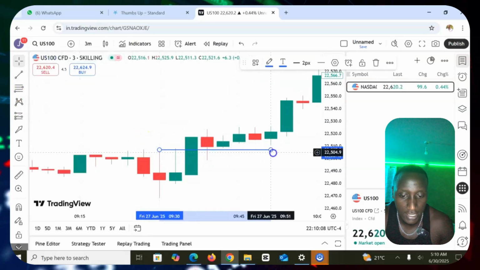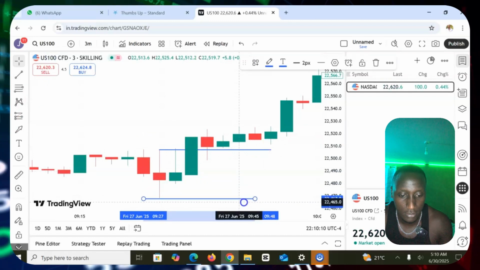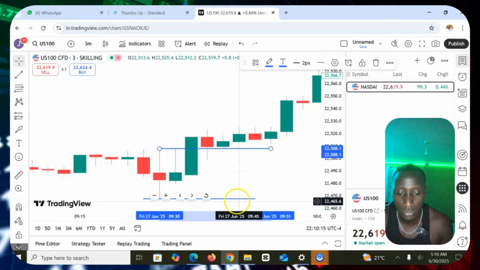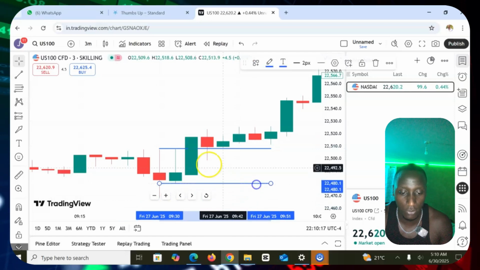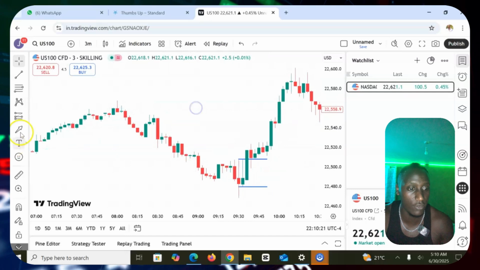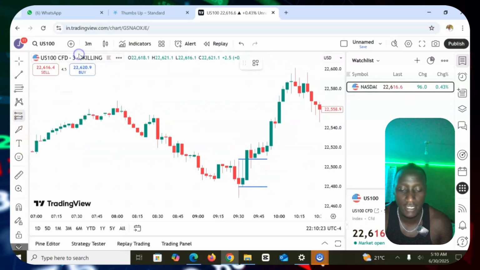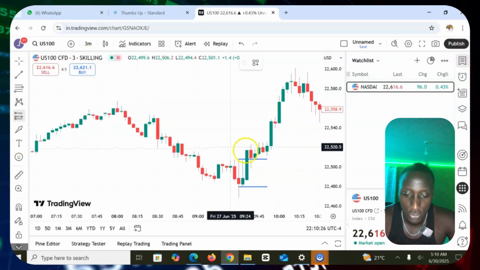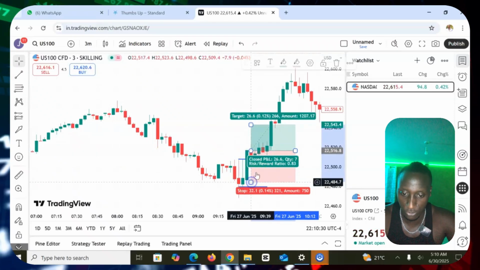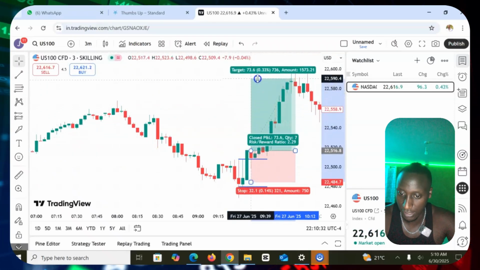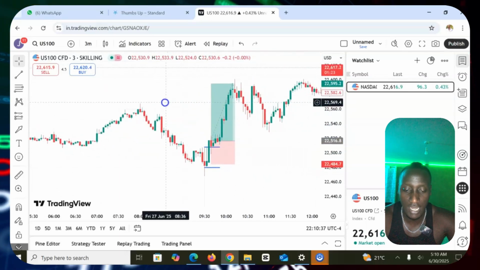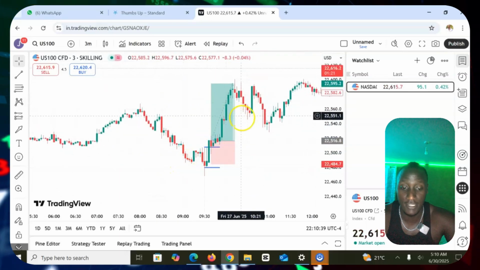So this is the 9:30 candle. Then the second candle is a bullish candle. And then the third candle is a breakout to the upside. So once we see that, we know we are headed in the direction of the breakout. So this is where you put your entry, this is where you put your stop loss, and you are targeting a 1:2 or a 1:3. Who cares? And you can see how this one moved nicely.